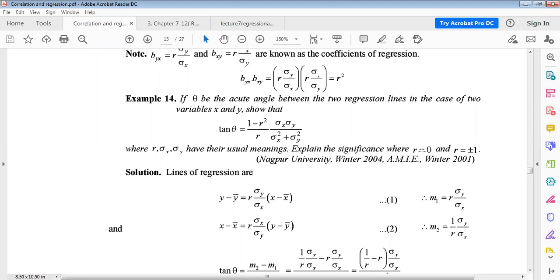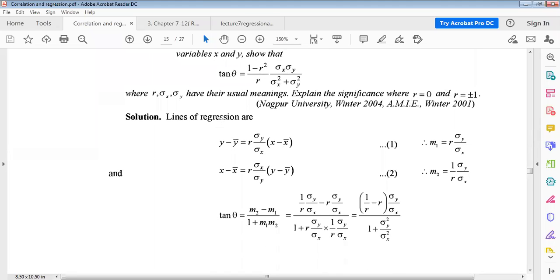Explain the significance when r equals 0 and r equals plus or minus 1. The line of y is given by this, and the line of x will be given by this, where m1 means the slope, r times sigma y divided by sigma x. This is the slope m1, and this is also the slope m2.